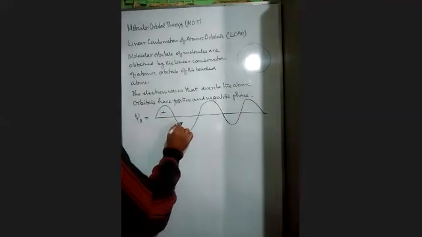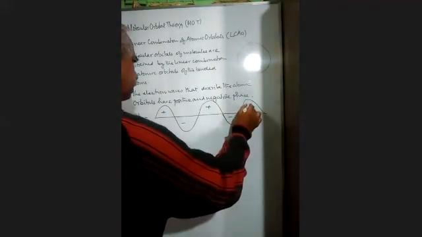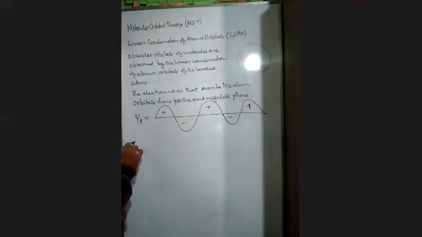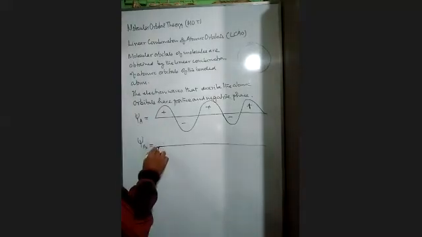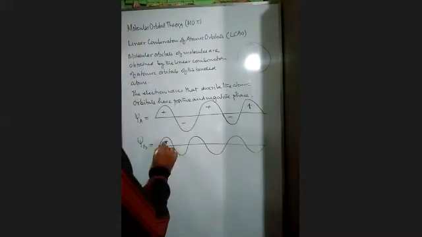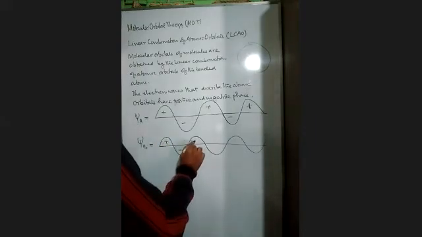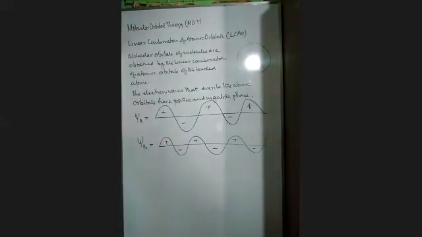So this is the positive phase, the negative phase, positive phase, negative phase, positive. Now, psi B. This is the one.